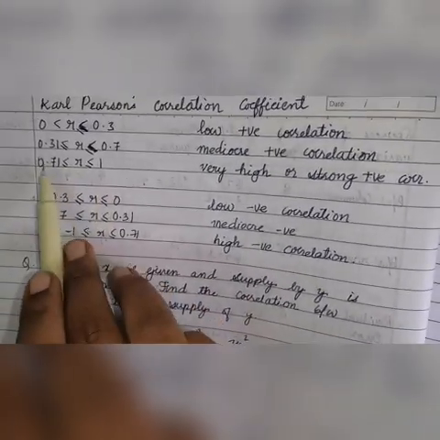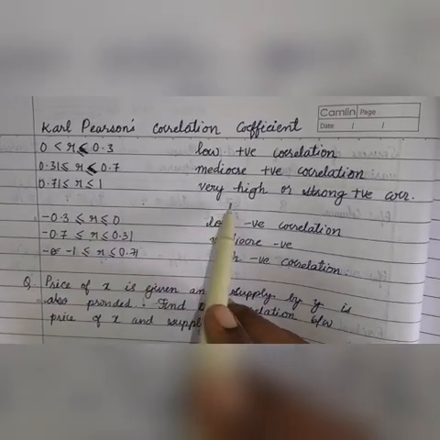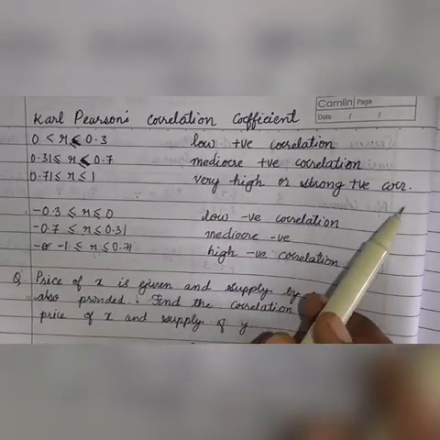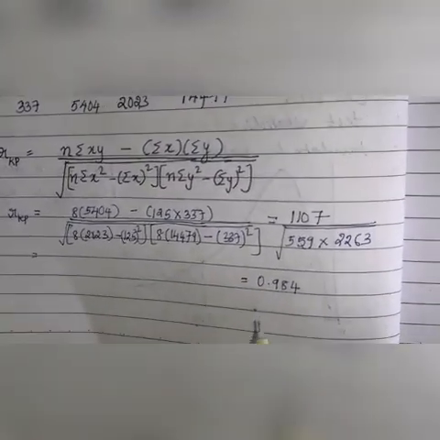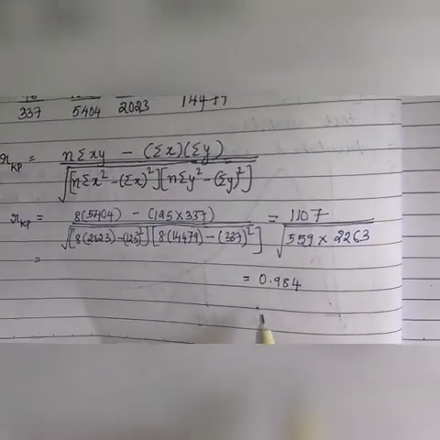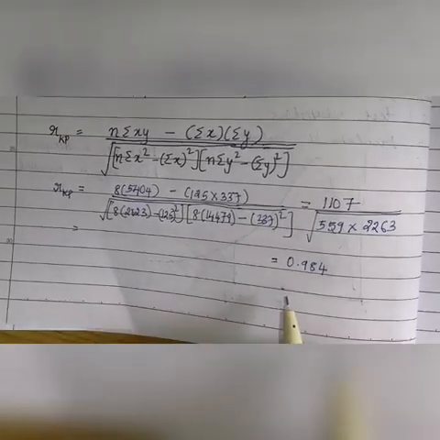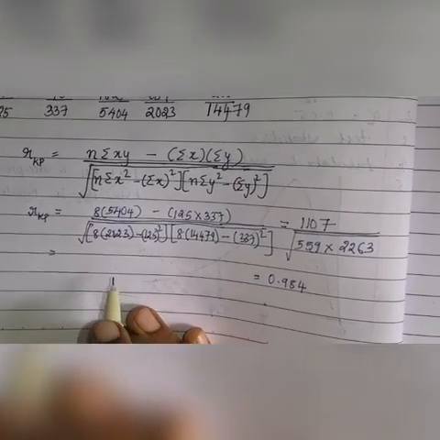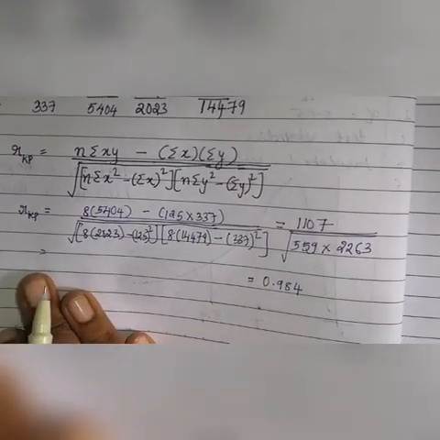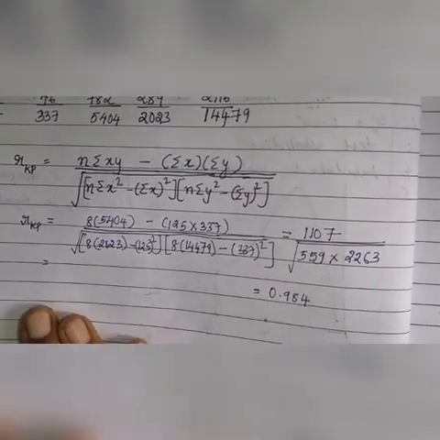For this case, the interpretation is very high or strong positive correlation. So we can say that there is a strong correlation between the price of commodity X and the supply of commodity Y. Okay, so that is how you interpret.